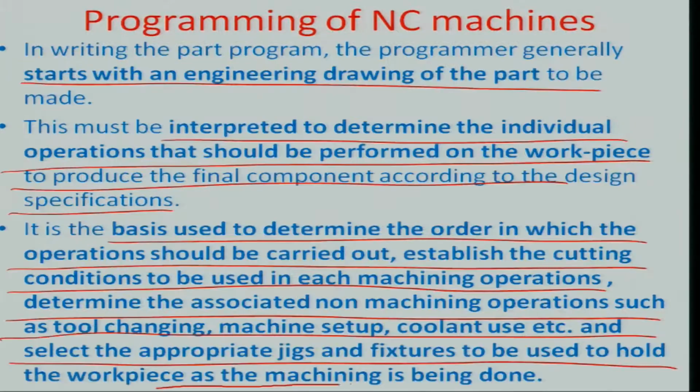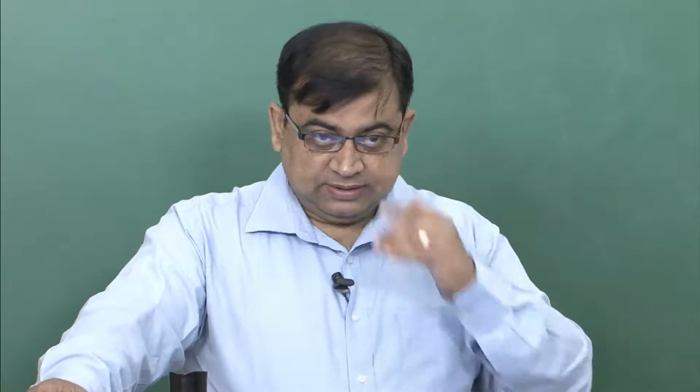So in a nutshell, these are some of the important steps that a programmer starts with. So arranges the engineering drawing and determines the individual operations, and also establishes conditions of machining, etc. You can borrow it probably from your earlier CAP determined strategies, so that you can start doing the NC programming.